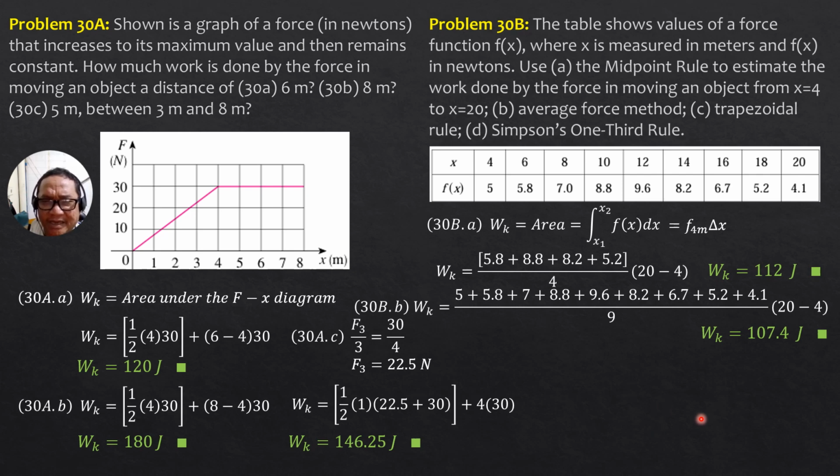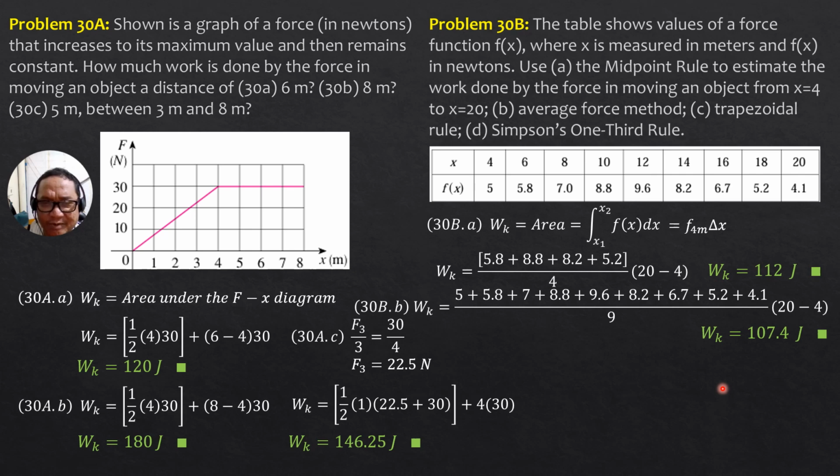Next, by the trapezoidal rule, it is d over 2, where d is the difference between two adjacent offsets, which is 2, divided by 2, quantity h1, which is 5, then hn, which is 4.1, plus 2 times the quantity sum of these intermediate offsets.